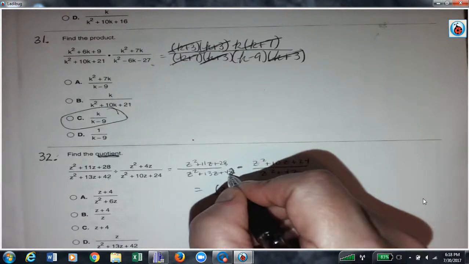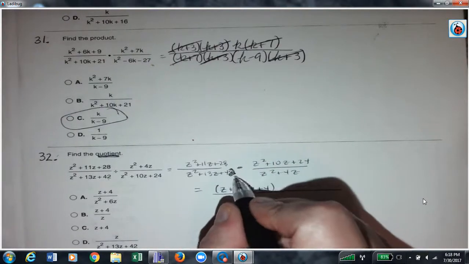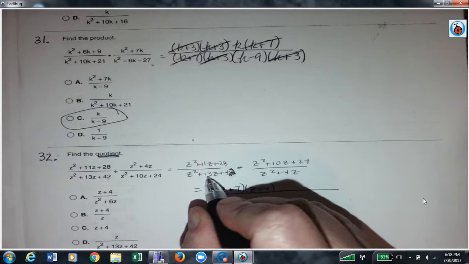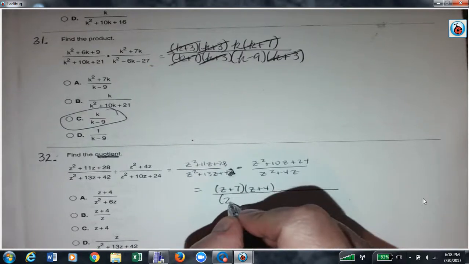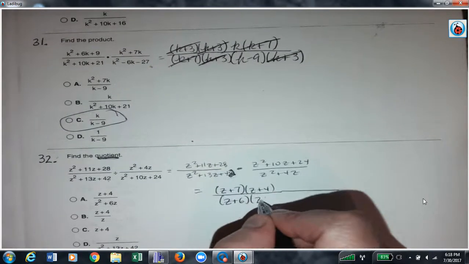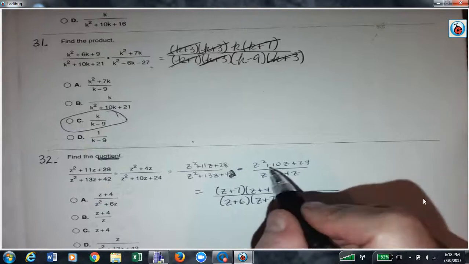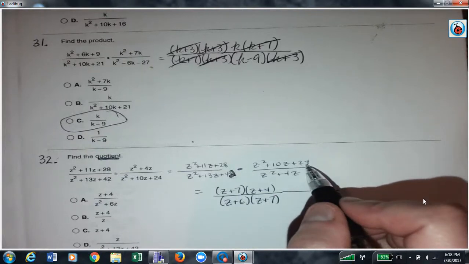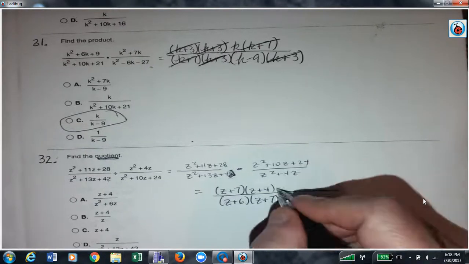Oh, that's a 42. My bad. Okay, 6 times 7 is 42, and 6 plus 7 is 13. Okay. 24. 6 times 4 is 24, and 6 plus 4 is 10.